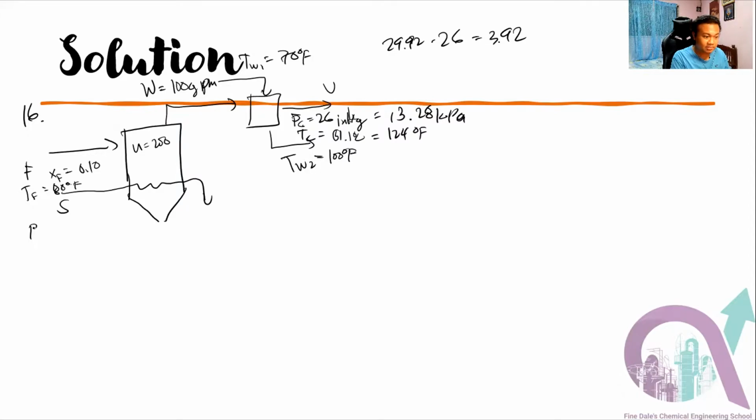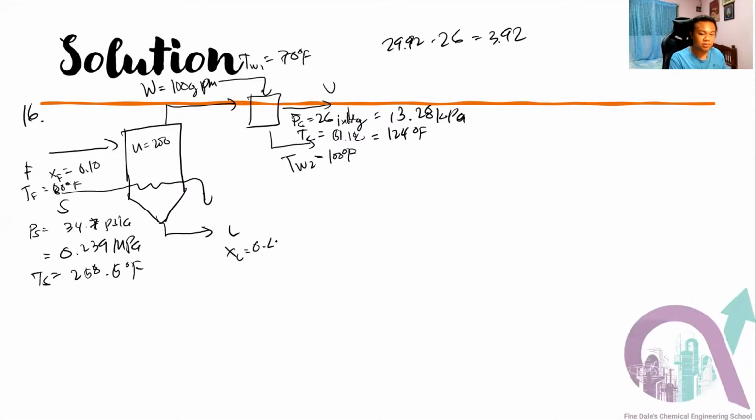You have your steam at 34.7 psia, 20 psig, so let's add 14.7 so that you can get the psia equivalent, or this is 239 kPa. The temperature of this steam is 258.5 degrees Fahrenheit. Then XL is equal to 0.40.